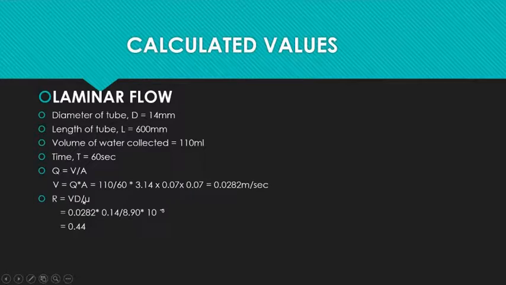Then for calculating the Reynolds number, we have to know the velocity of the water. So for calculating the velocity, we use Q over A, and here we calculate this. And for laminar flow, we calculate the Reynolds number.